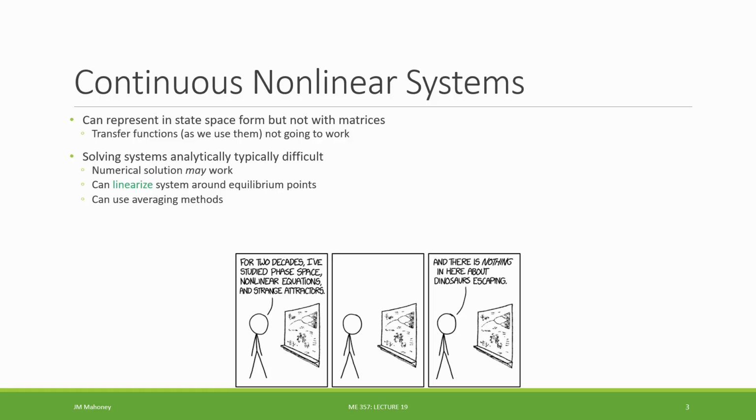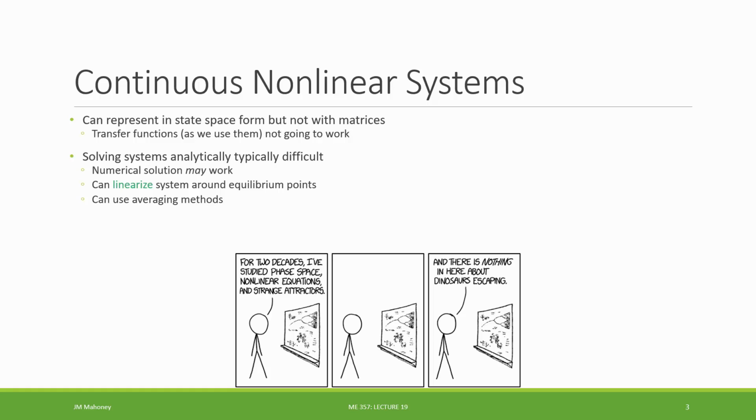And if we're near a different equilibrium point, then we have to linearize around that point. We're not going to talk about that in this course, but that is one way that we can analyze a nonlinear system, by making it into a bunch of linear systems, which we do know how to analyze from Unit 2.